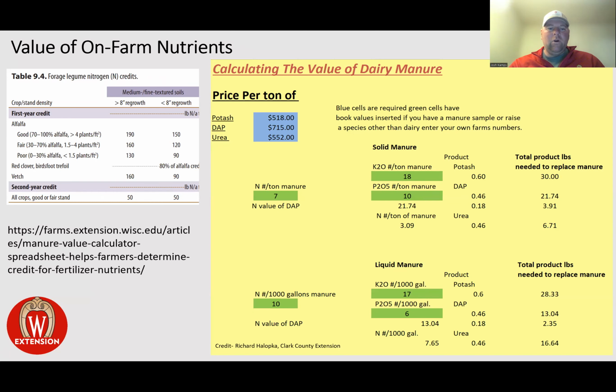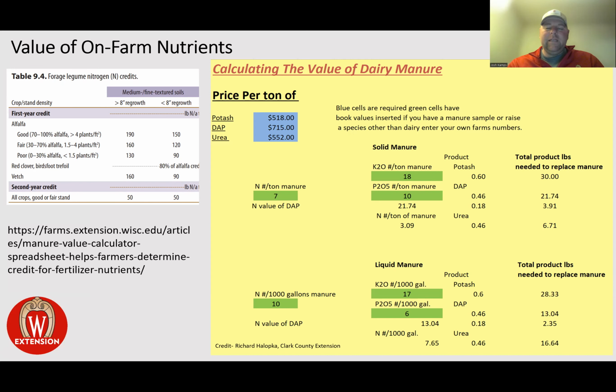Okay, a few more here, then we'll get wrapped up with this part. Value of on-farm nutrients. There are a few different tools available. Table 9.4 on the left-hand side of the screen is out of A2809, so that's some book-type information you can use. Also, a colleague, Richard Holupka from Clark County, put together this spreadsheet to compare manure value with fertilizer value.